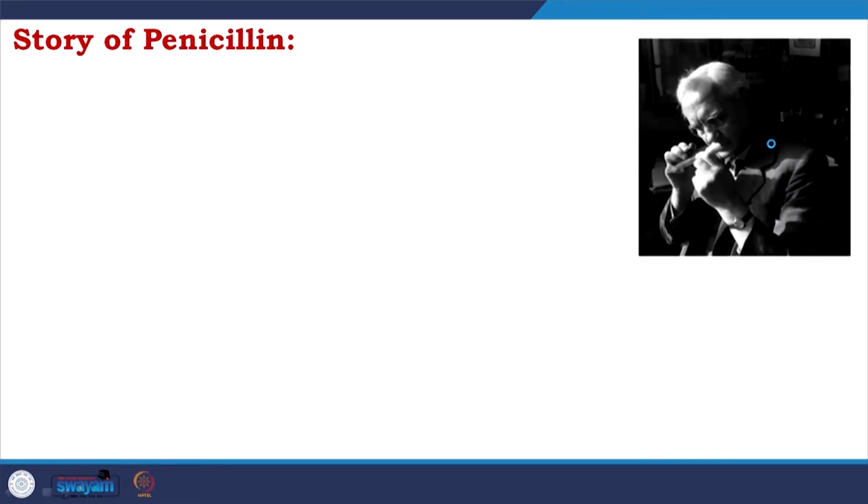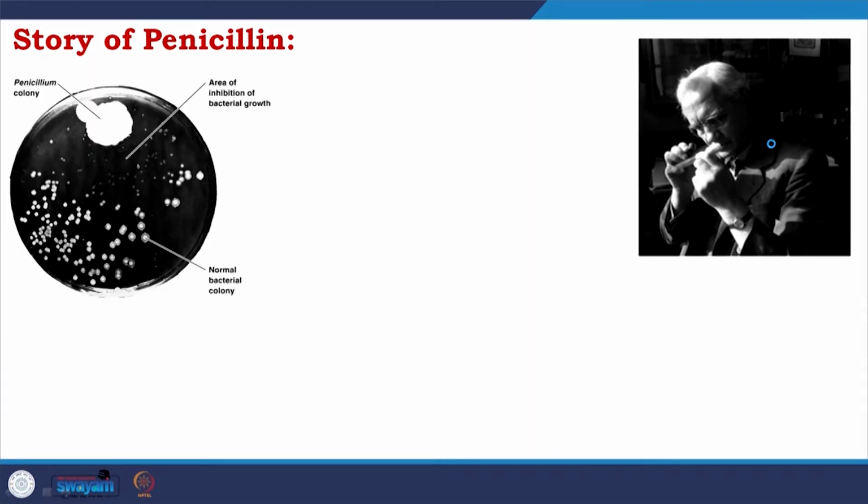When I talked about beta-lactams, I will finish by talking about the story of penicillin. You all know about Fleming and his experiment. He was working on the bacteria S. aureus, and the picture you are looking at here is a petri plate where he grew the bacteria. When bacteria grow, they become visible, which is called a colony. So, these are normal bacterial colonies.